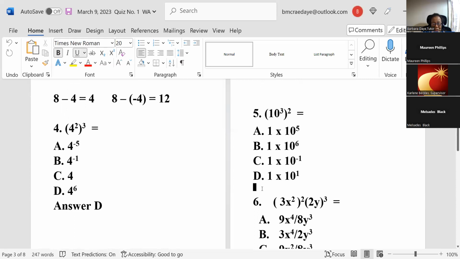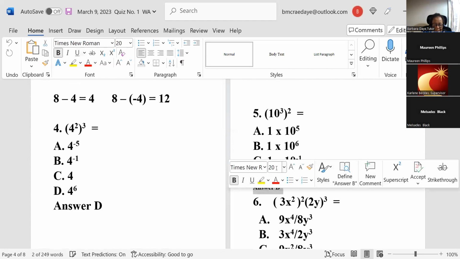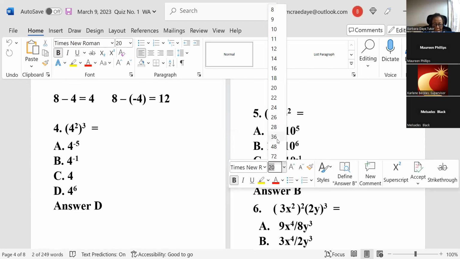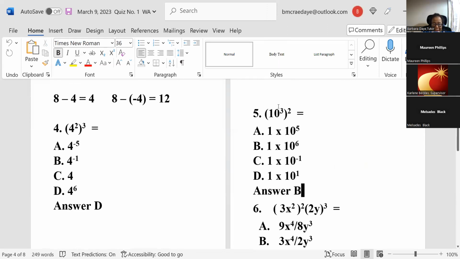B. Mercedes, do you agree? The answer is B. Oh yes. Answer B, that's another power to a power, correct? Yes. Answer B, because 2 times 3 is 6, and 10 to the 6 is the same as 1 times 10 to the 6, correct? Yes. Okay.